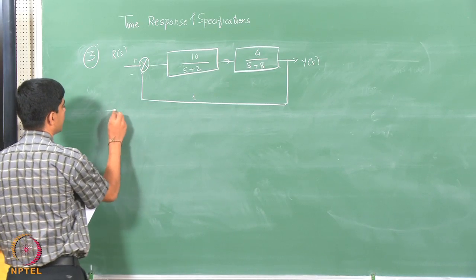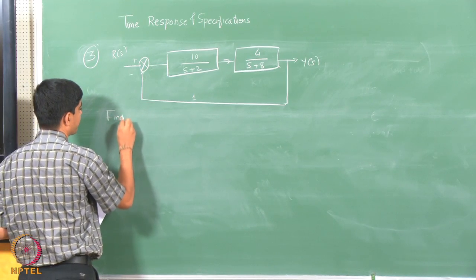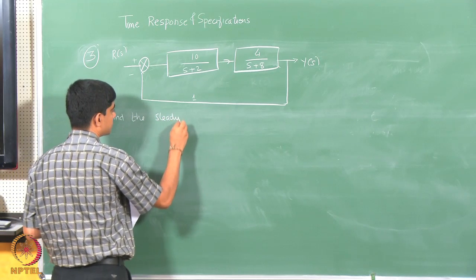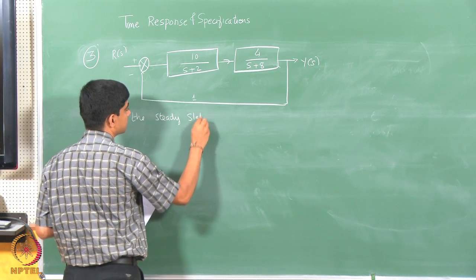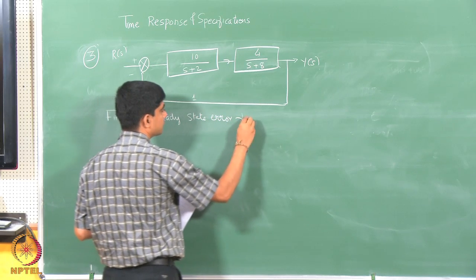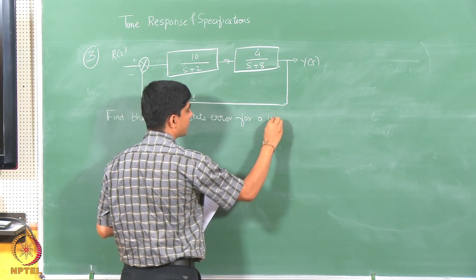And the problem is to find the steady state error for a unit step input.